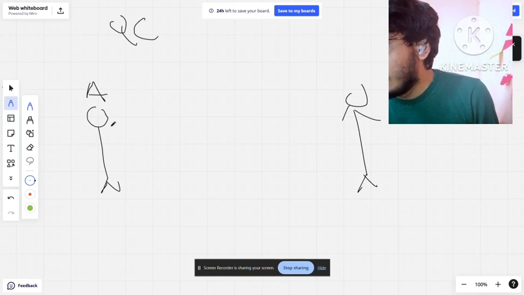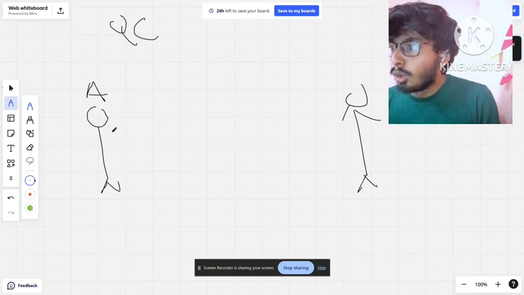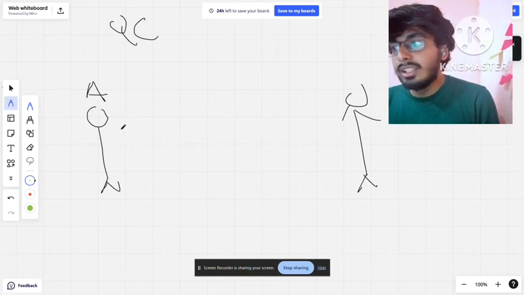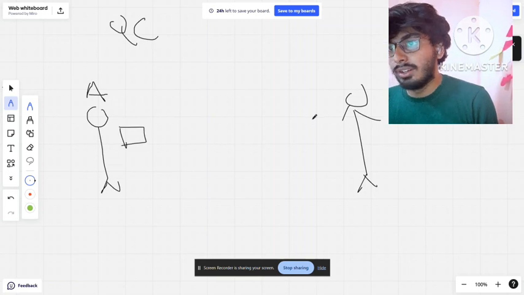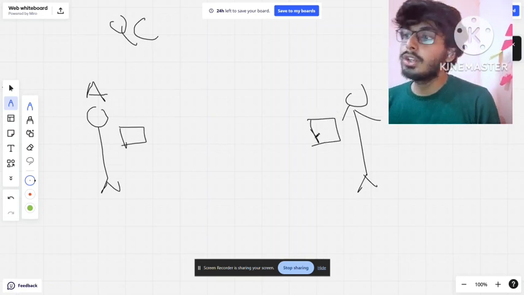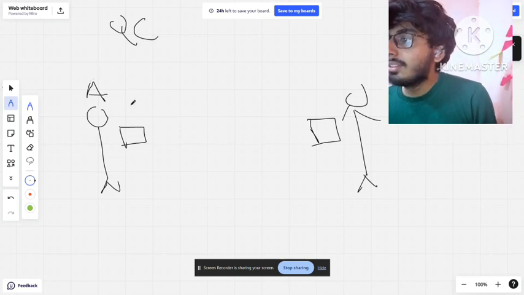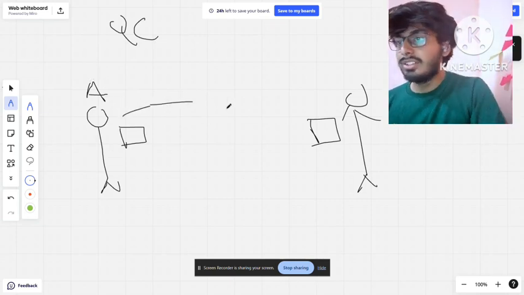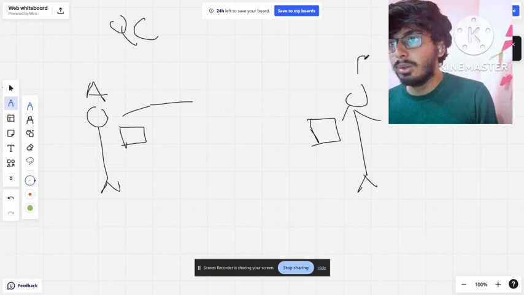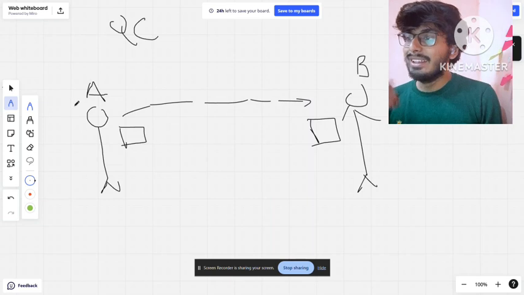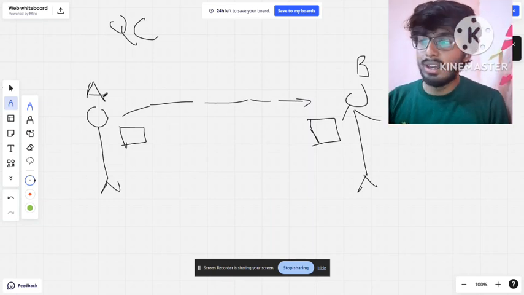Here, both Alice and Bob will have a polarizer with them to detect the polarization of the photon. Alice will send photons of different polarizations to Bob.